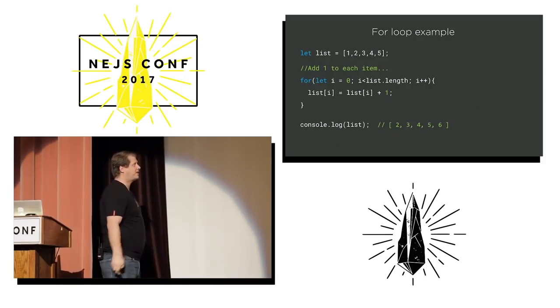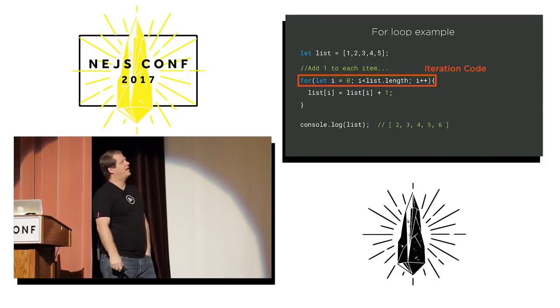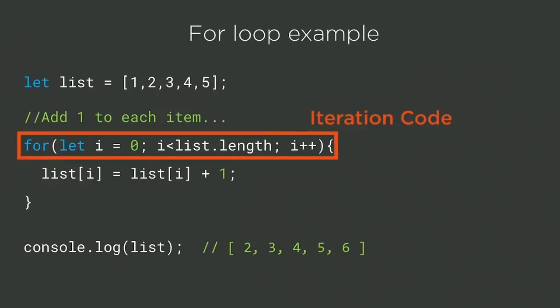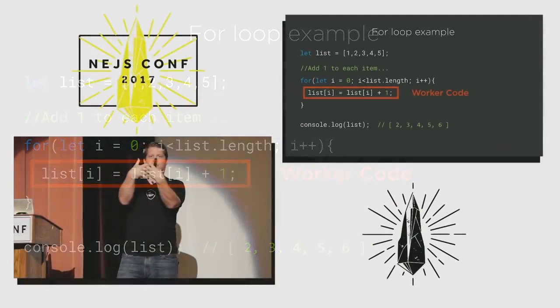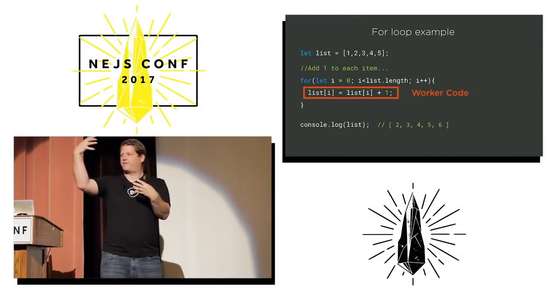The iteration code, which governs the iteration over my array, and then code that governs what I'm doing with my array. So I've got these 2 things that are very tightly coupled. I've got iteration code and I've got worker code.